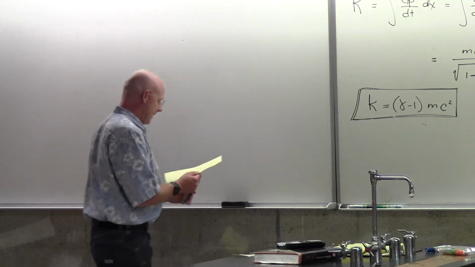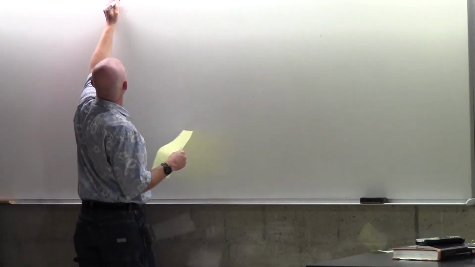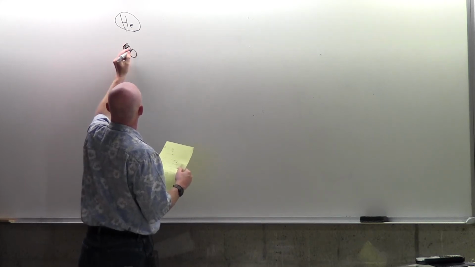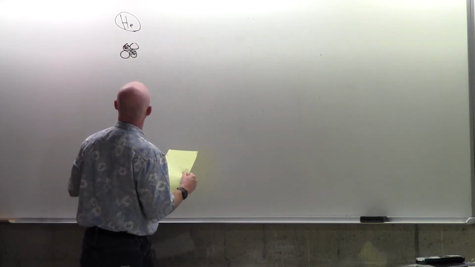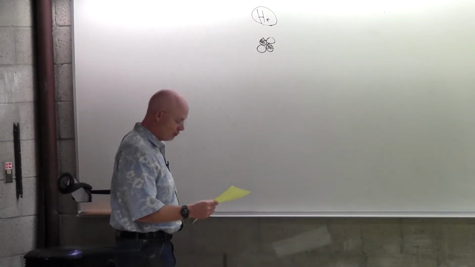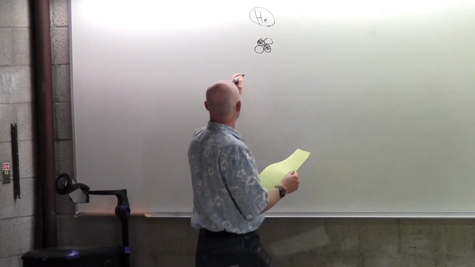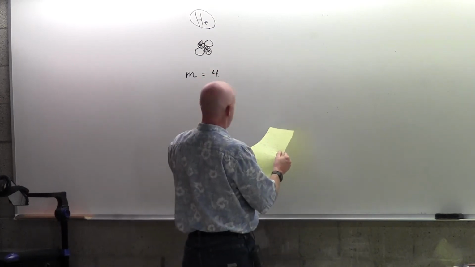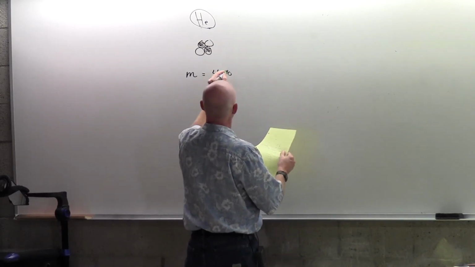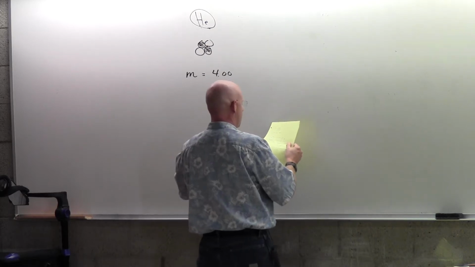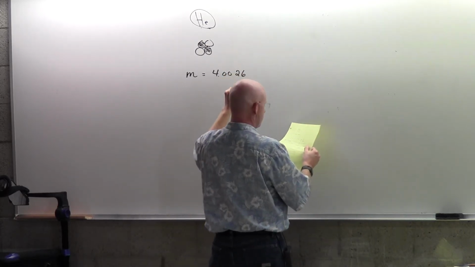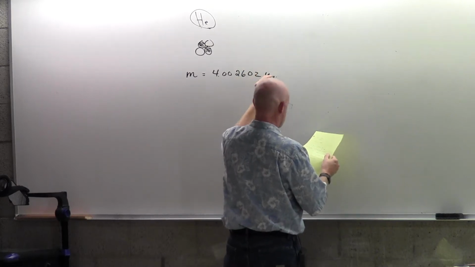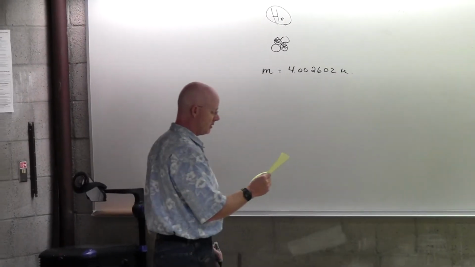So, let's take the nucleus of helium and weigh it. I'll represent it in a picture with 2 protons and 2 neutrons, and weigh it. If you carefully weigh it, you come out with 4.00262 atomic mass units.